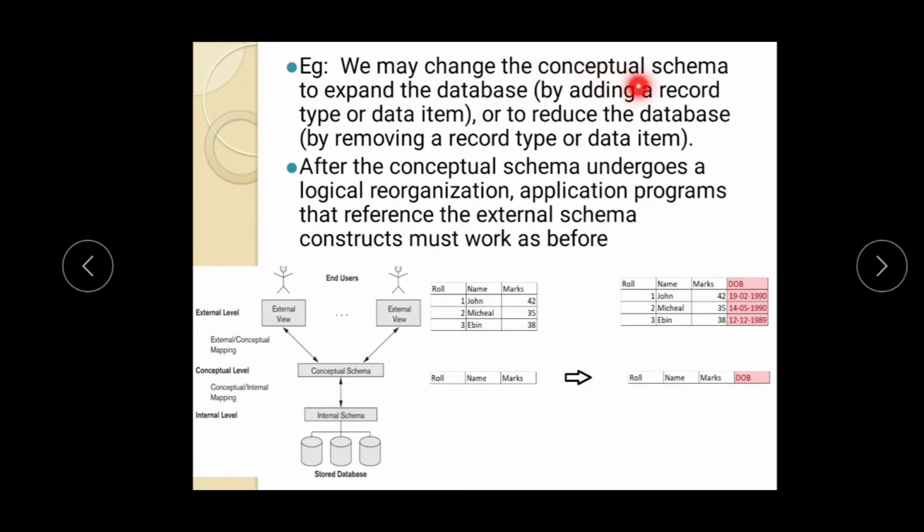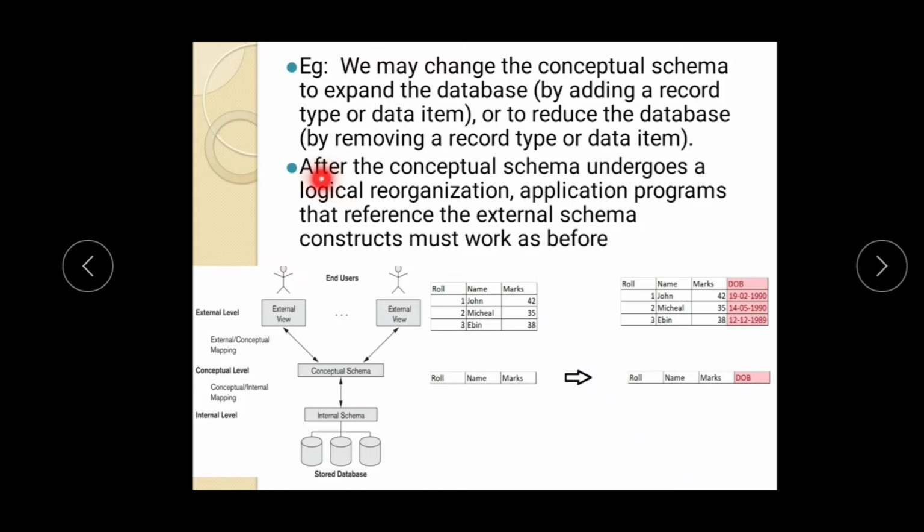We may change the conceptual schema to expand the database, by adding a record type or data item. We can add a record, or we can insert a new data item, or reduce the database by removing a record. We can also remove one data item or a record.